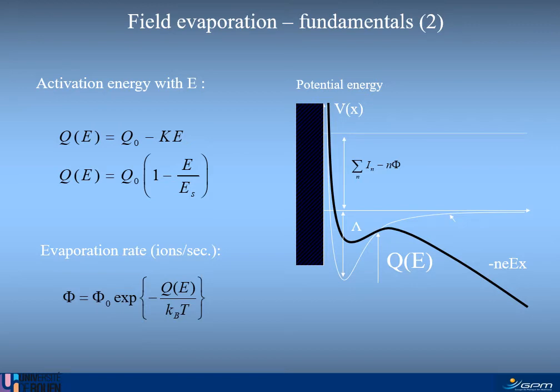That means phi 0 is the evaporation rate when the electric field is equal to the evaporation field.